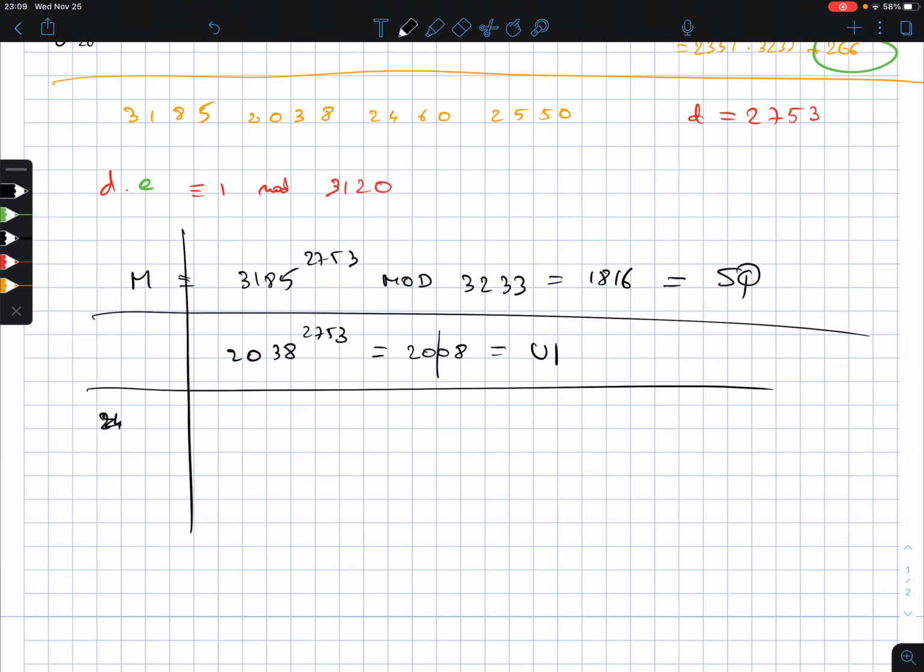Okay, the next one, 2460 to the power 2753. That is 1717. So here I can also detect errors, because we have to consider this as two pairs of 2-digit numbers, in fact two pairs of numbers between 0 and 25.